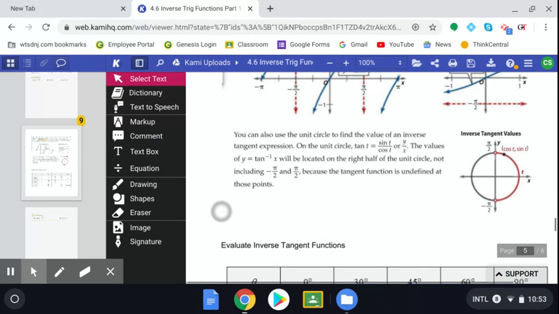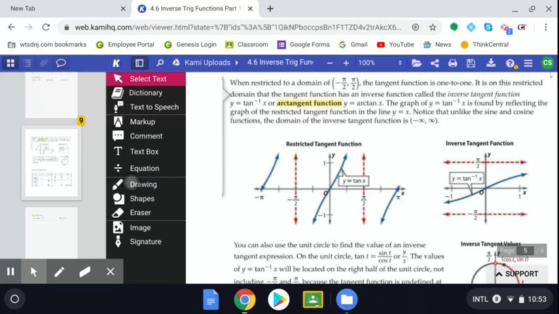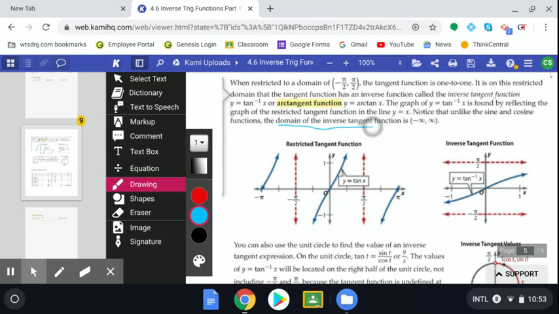So here is the summary we need. There you go, that's what I was looking for. So the domain of the inverse tangent function is negative infinity to positive infinity, so no domain restrictions, but then the range is going to be between positive pi over 2 and negative pi over 2.